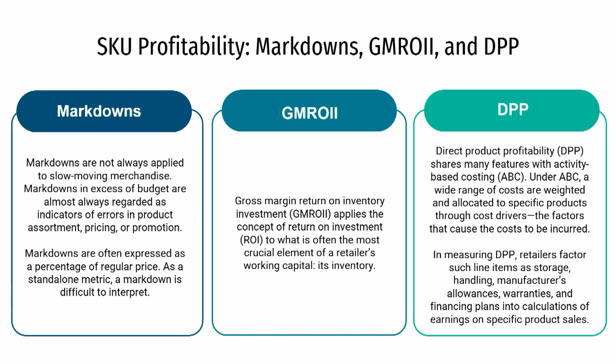If they cannot sell the products on time, they struggle with their working capital. How do they procure the new items? How do they pay for the incoming items? So, that becomes a challenge, and GMROII is one of the indicators of that. So, it helps you plan your working capital.